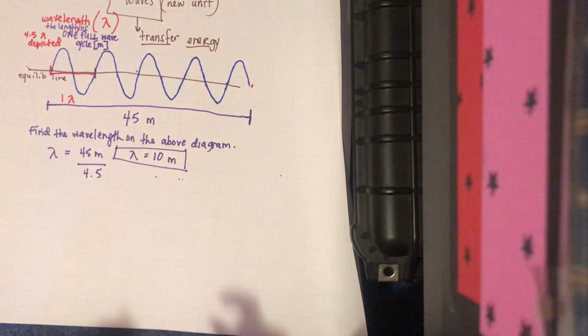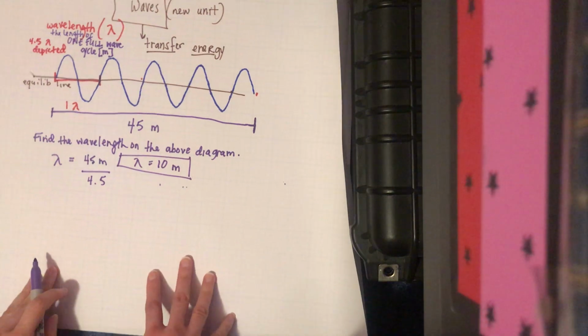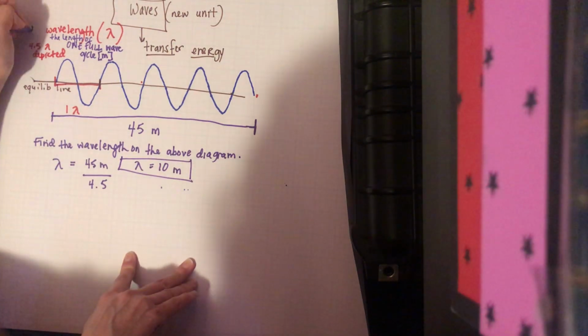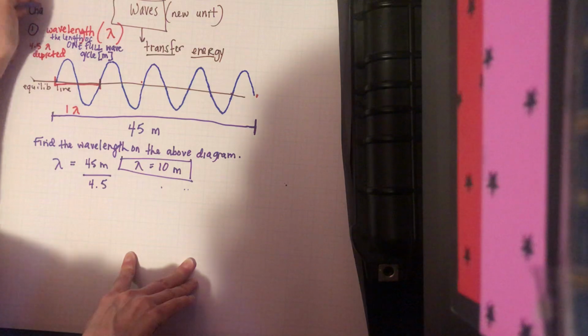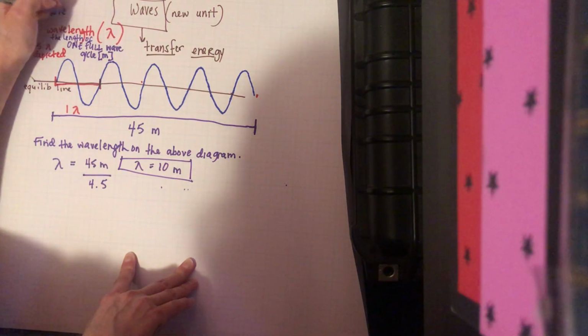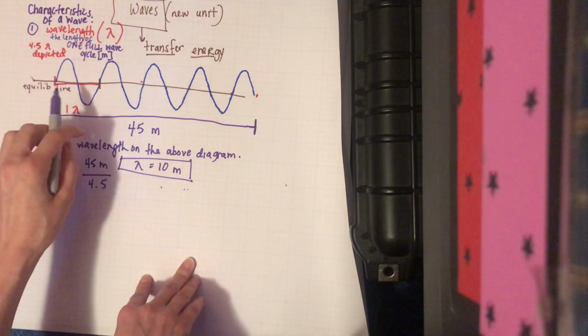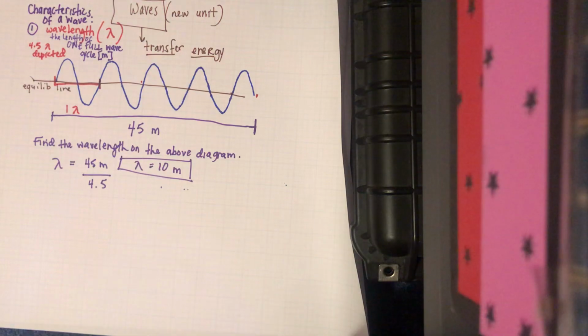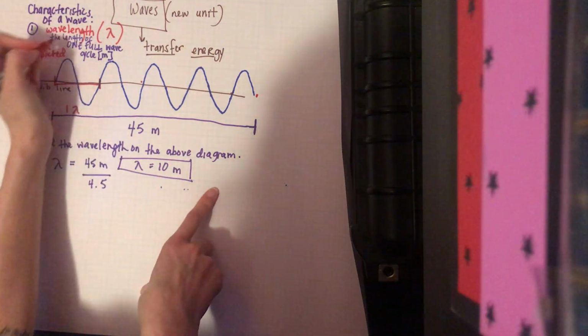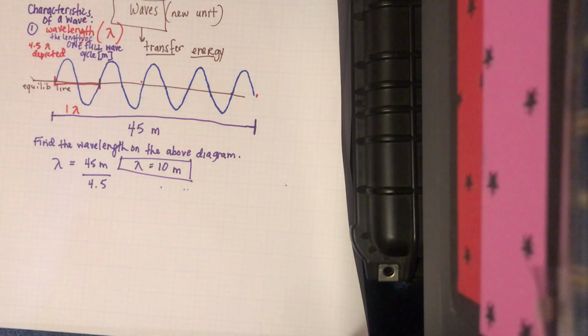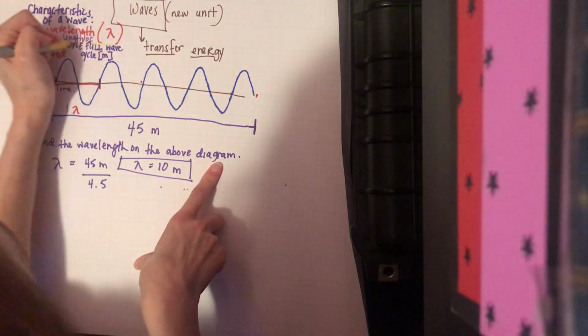Okay, so right now we're talking about the characteristics of a wave, and the first one is wavelength. Let's write this down: characteristics of a wave. The first one is wavelength. We said that a wavelength is the length of one full wave cycle, but I want to talk about what characterizes one full wave cycle. How do we define one wave cycle?